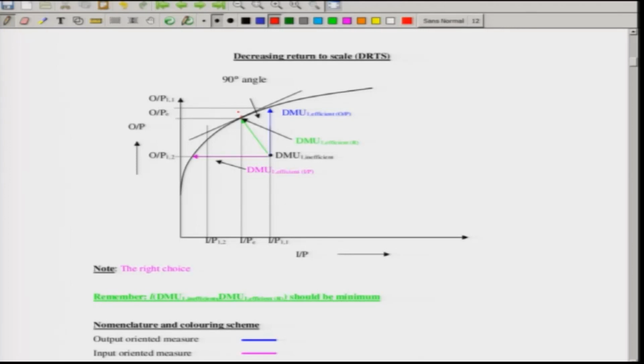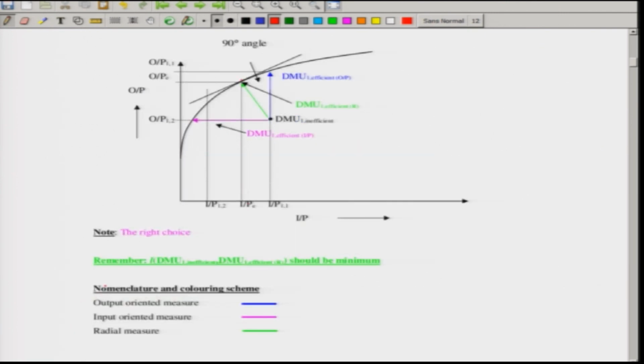Now, for the right choice for decreasing returns to scale, the best one would be that either you can go up, or you can go to the left horizontally, or you can go diagonally. Diagonally means that you are trying to compromise on both concepts of efficiency.